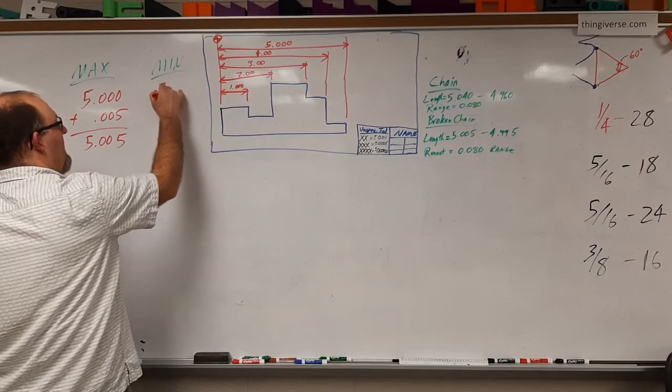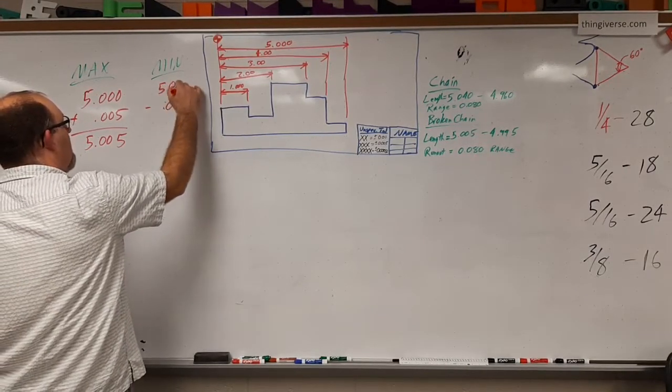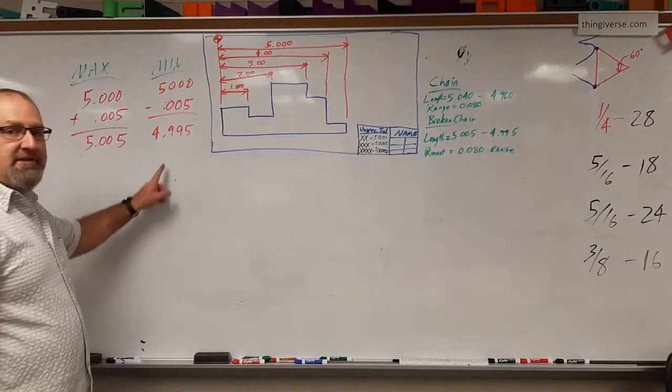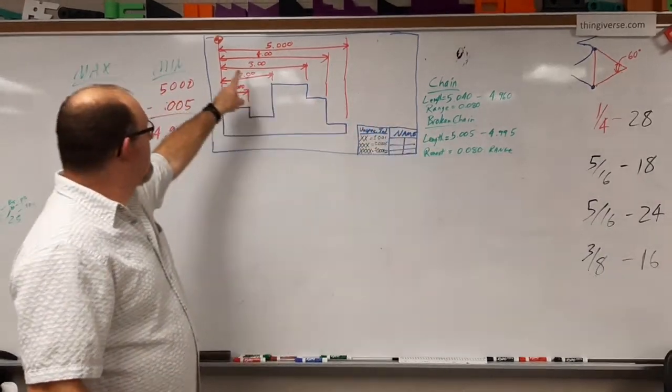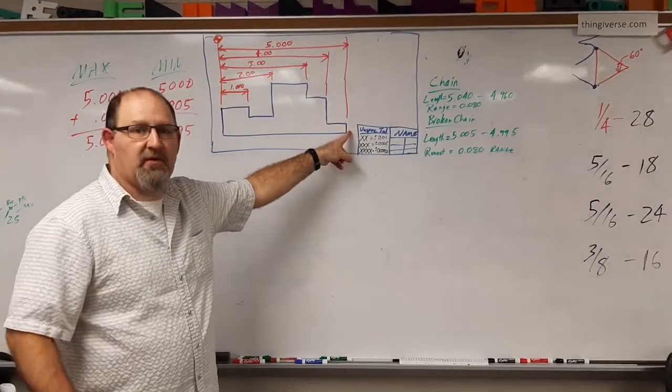The same for the minimum, 5 minus 0.005, which gives you the 4.995. So the overall length is now still the same as the broken chain, because that overall dimension is still the same as what it was before.